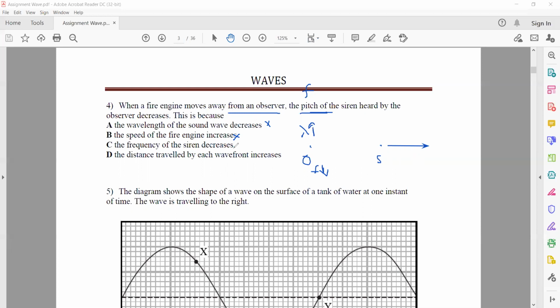The frequency of the siren decreases, the distance traveled by each wavefront increases. As the pitch is decreasing, the wavelength will increase, and we will observe the frequency will also decrease.